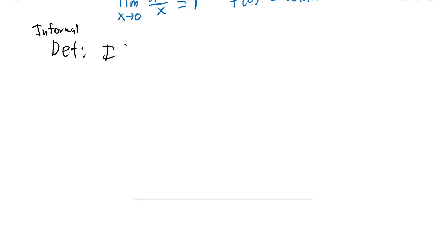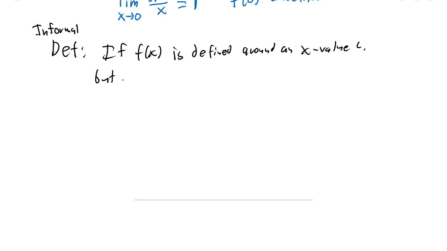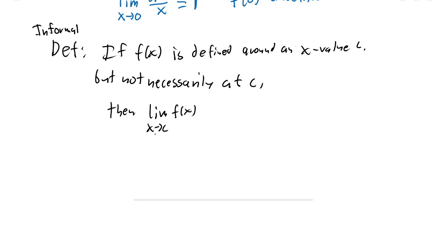But the idea is that if f of x is defined around an x value c, but the key is, not necessarily at c, then what we're going to say is that the limit of f of x, so this is any general function now, as x approaches c is equal to L.